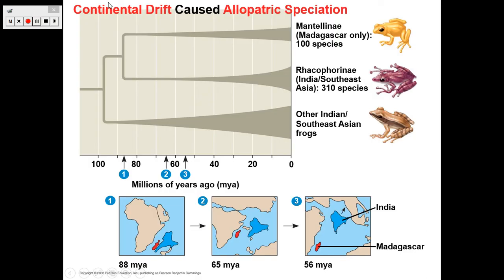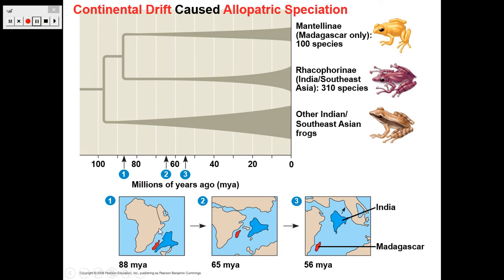Now we do have some evidence for continental drift. Remember, continental drift is about that Pangea idea that all of the continents were all one landmass together, and over time they're drifting further and further apart.